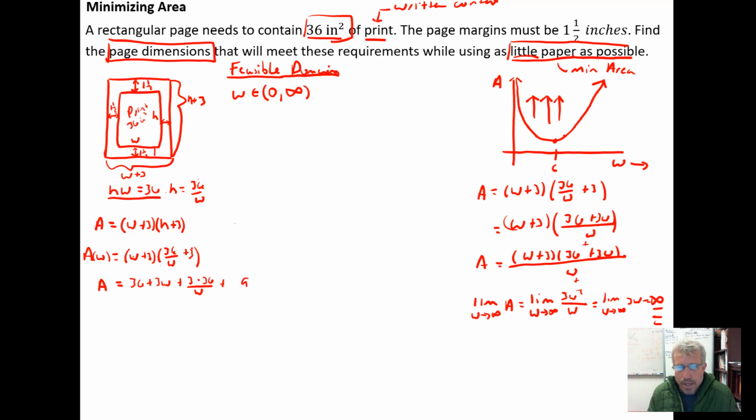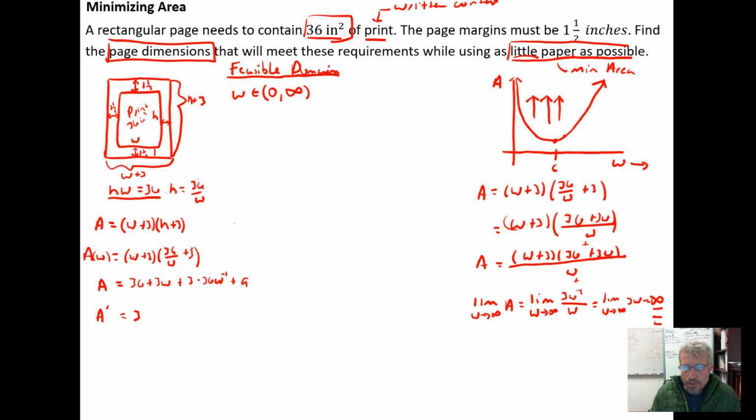And then what I want to recognize is if I want to take the derivative, it might be convenient to put the w into the numerator position, which would mean write the w in the numerator position with an exponent of -1. That might help me to think about things. Now let's go through and take the derivative. The derivative of 36 is 0. The derivative of 3w is just 3.